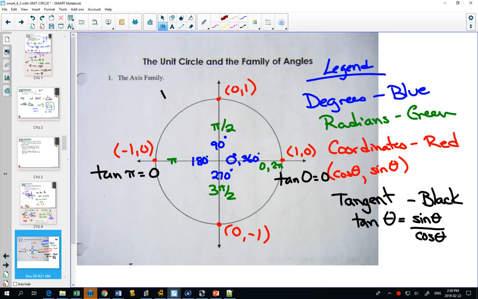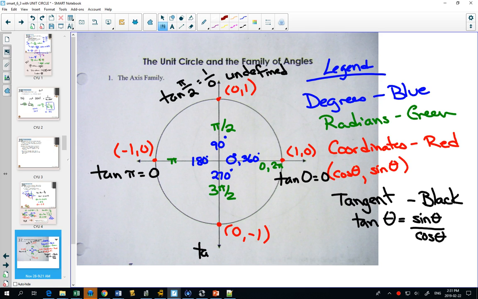And when we get to an angle of pi over 2, tan of pi over 2, if we did sine divided by cos, or the y-coordinate divided by the x-coordinate, would equal 1 over 0. Are you allowed to divide by 0? No. So we would say this is undefined.